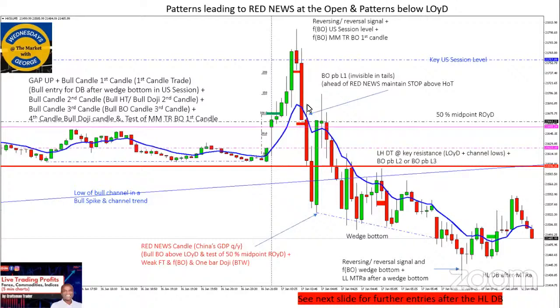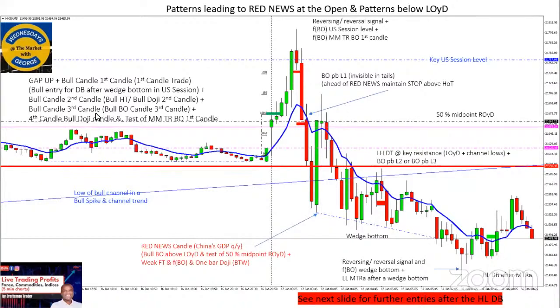There is a pullback, low one is a resumption of the bear trend. It's invisible, but it's in the tails because at some point the market will end up coming back. So when you're selling here, you are selling the low one. Stop a little bit tighter, so you can take that trade. And then hope that the bears are strong and you get huge acceleration down.